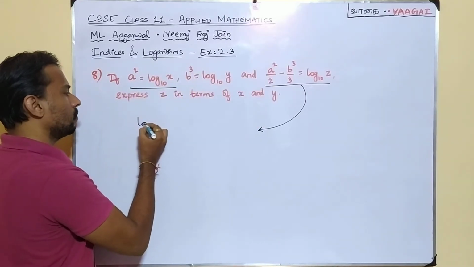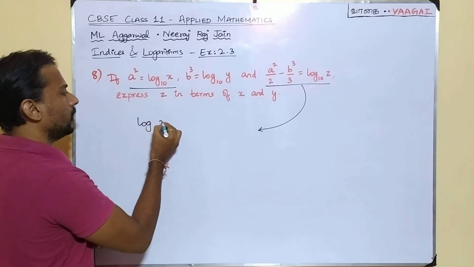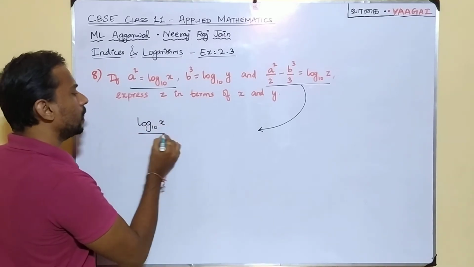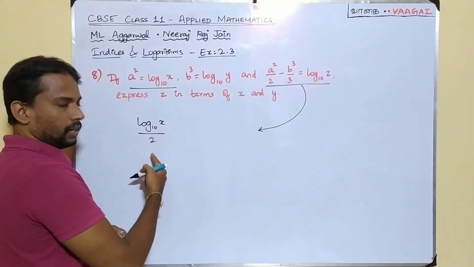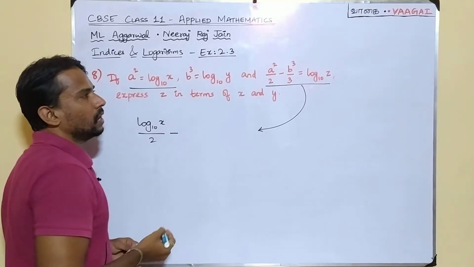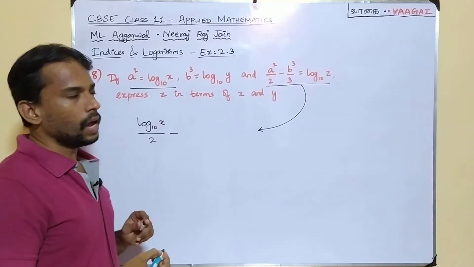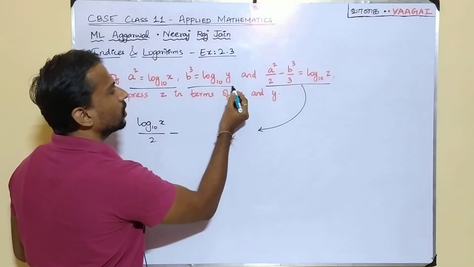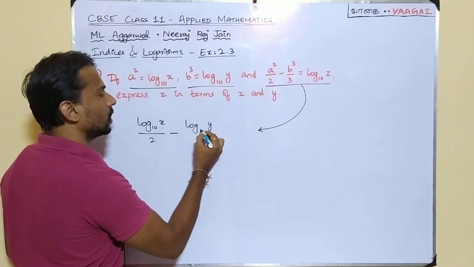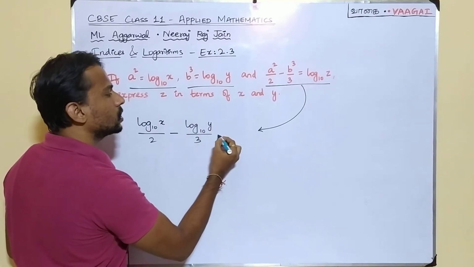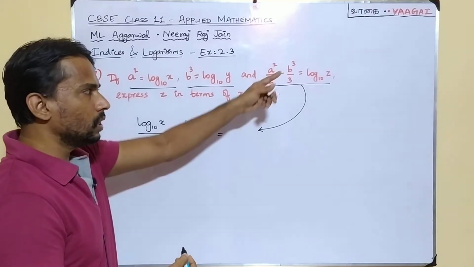So what happens? We will have log x to the base 10 divided by 2. Is it clear? Log x to the base 10 divided by 2 minus, next what do we have? Here we have b cube. And b cube, what expression we have here? Here we have log y to the base 10. So log y to the base 10 divided by 3 is equal to, this is what is equal to, see the right hand side.